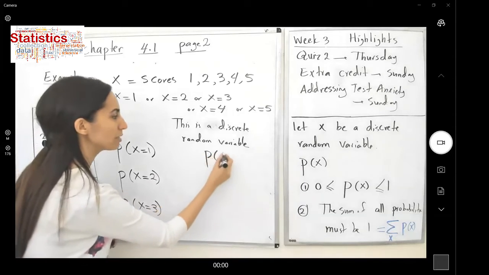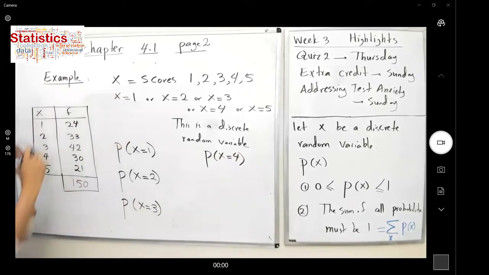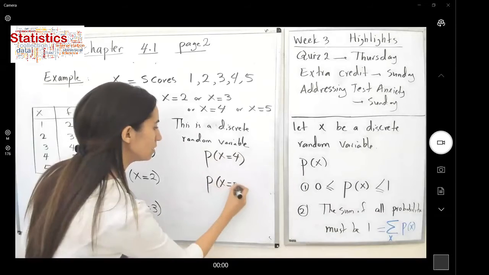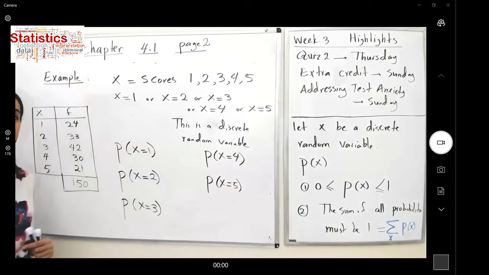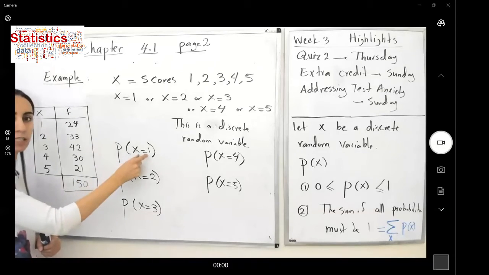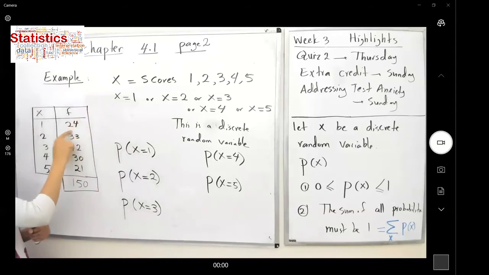What is the probability that the score is 4? What is the probability that you randomly select a person and that person had score 5? P of x equals 5. Remember that. When we introduced the probability, we said that we need the actual frequency or the count of all outcomes in our event. This is your event. Event is having score equal to 1. What's the size of that event?